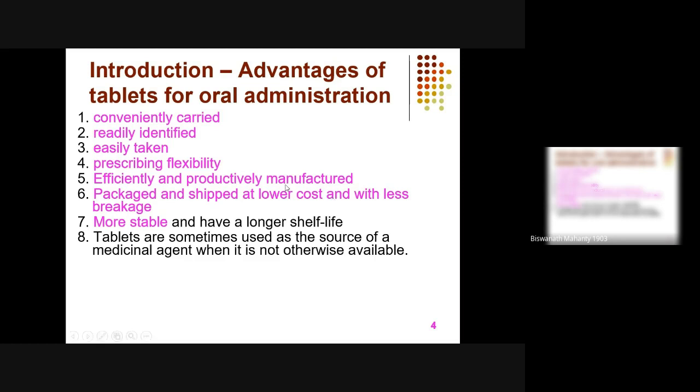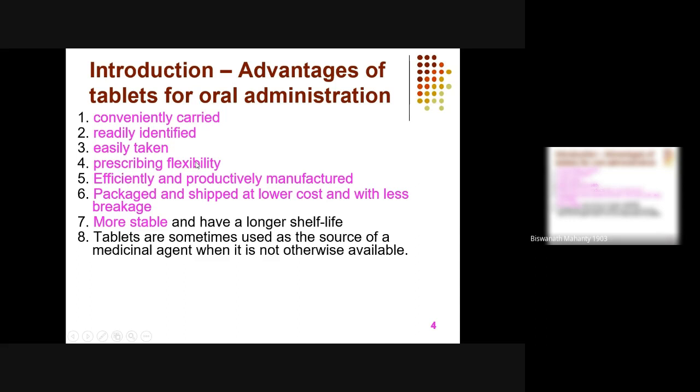Readily identified, yes, we can distinguish them because of their shape, size, color, coating. Those things are mostly known. Easily taken. Prescribing flexibility is somehow there, not completely. For example, you can prescribe thrice daily, four times daily, or sometimes 50% of a tablet.